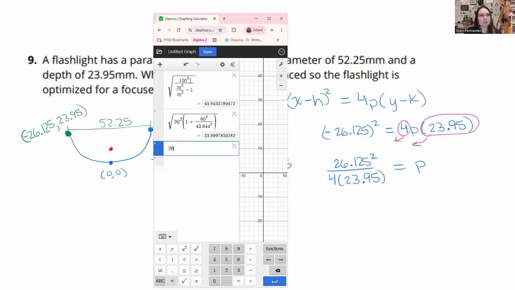So I get 26.125 squared divided by 4 times 23.95. 7.124. Yep. 7.124. So p is 7.1.